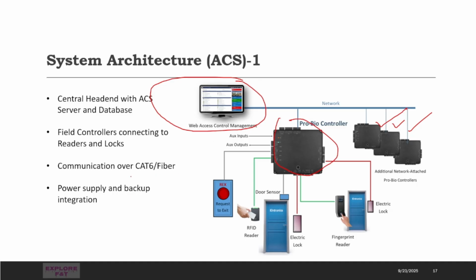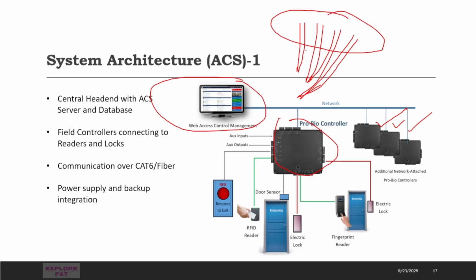so in cat6, if you see, there are a total of four pairs. Okay, this is one pair, this is one pair, this is one pair, and this is one pair, there are a total of four pairs, this is called cat6. In our access control we need a maximum of 6 core, but here 8 core is there.